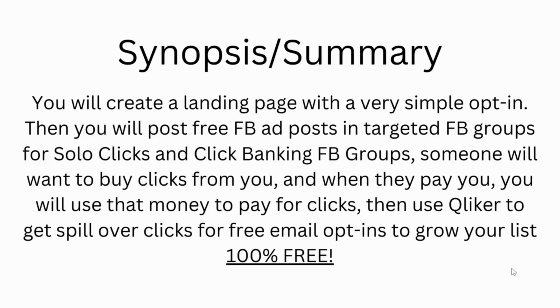And we use a spillover like QLiker to basically be able to capture extra clicks of these people that click through the page and whatnot. And these extra clicks get spilled over, and you would be able to have your link basically behind the person that you're selling the clicks to.